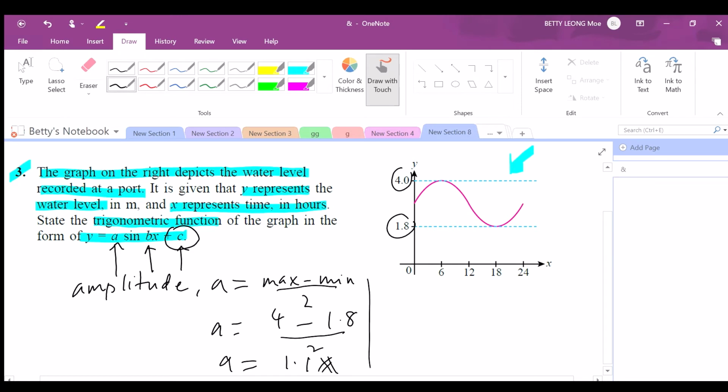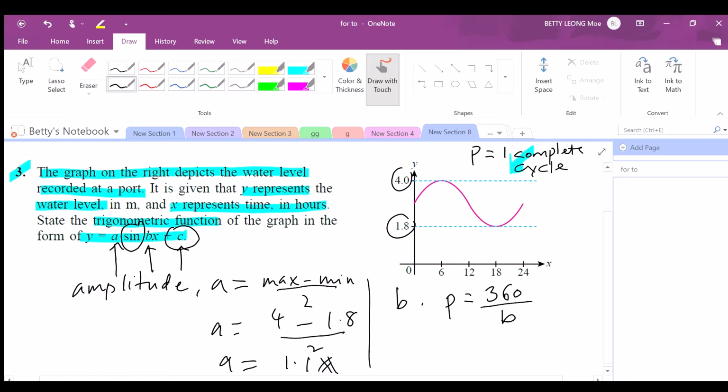You go and find your B. You can find B using the formula. For a sine graph, period is 360 over B. So from this graph, what is the period? Once again, I remind you that period is one complete cycle.